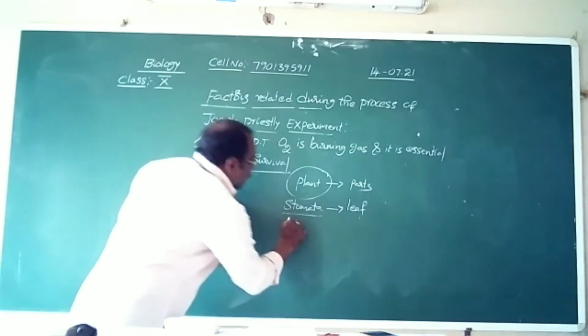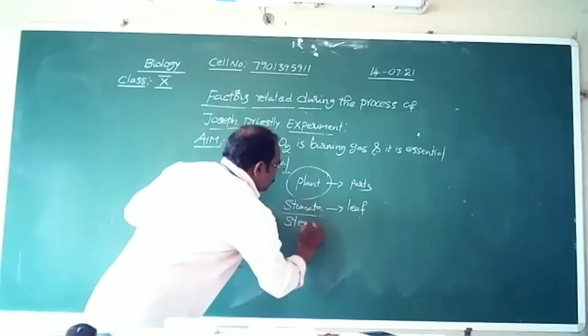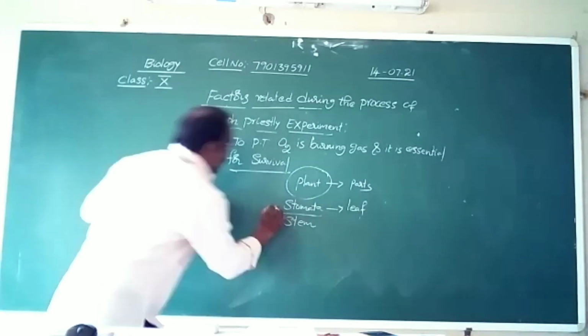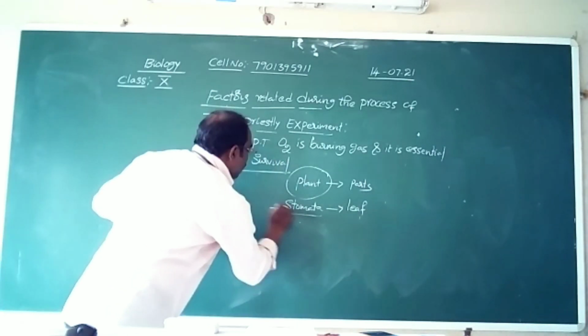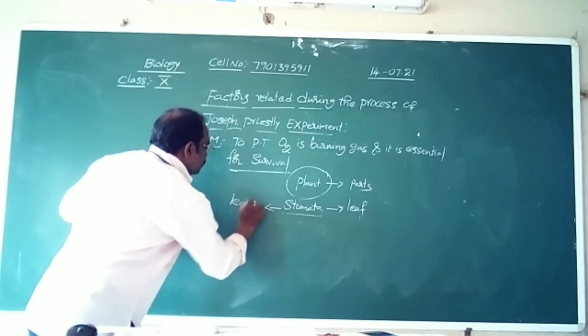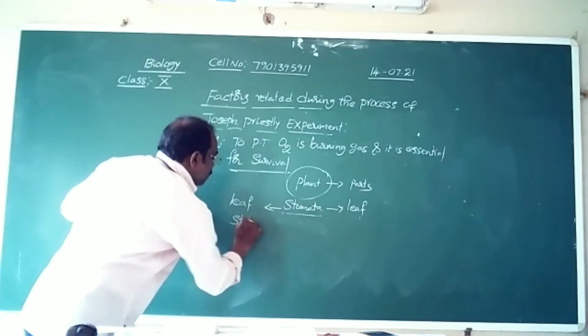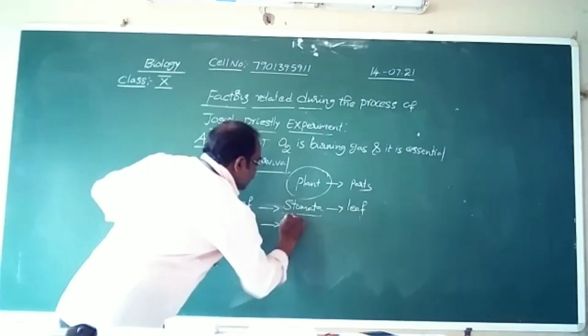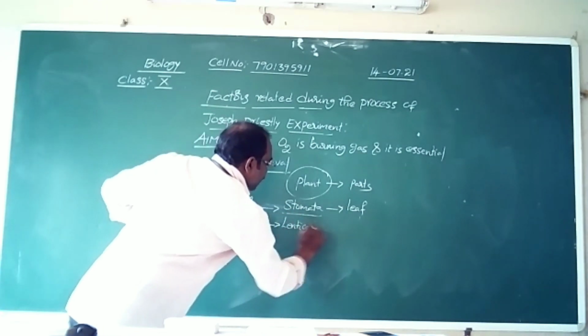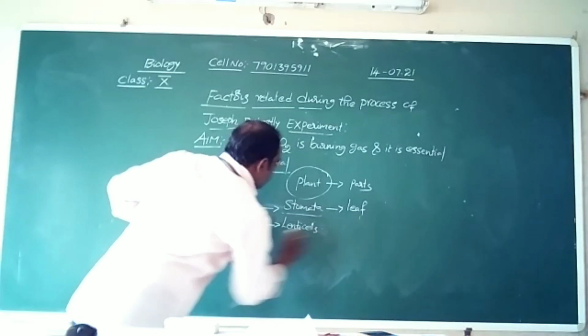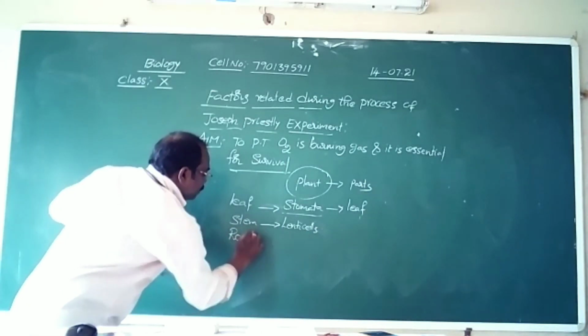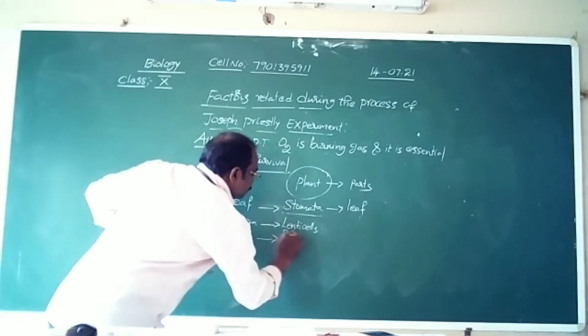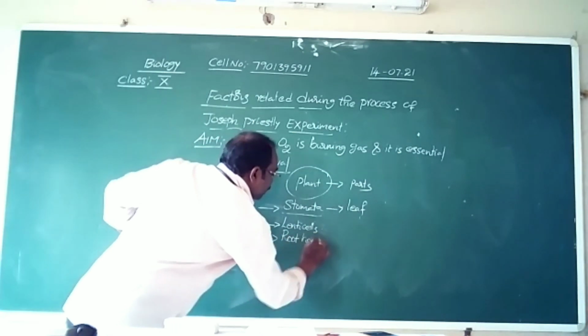Not only stomata in the leaf, but also the stem has lenticels, and the root has root hairs.